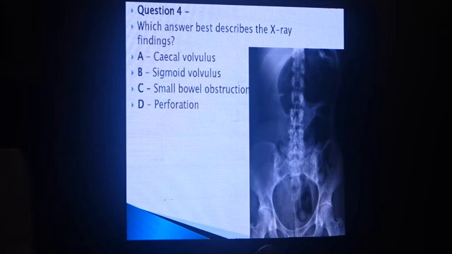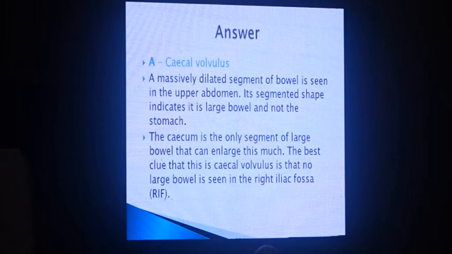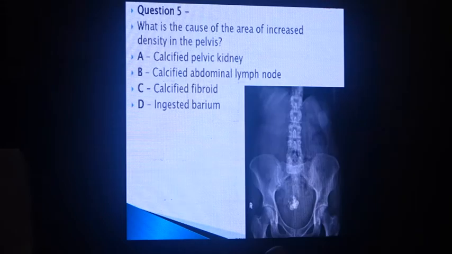It could be sigmoid volvulus. Yes, because there is no bowel in the right iliac fossa. This is the classical cecal volvulus. The best clue is that no large bowel is seen in the right iliac fossa. A massively dilated segment of bowel is seen in the upper abdomen. Its segmented shape indicates it is large bowel and not the stomach.